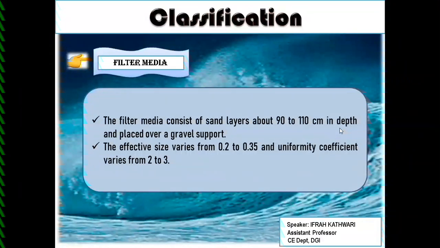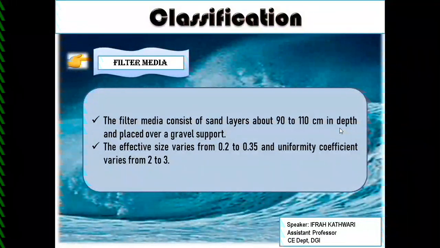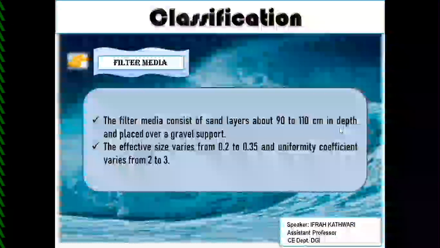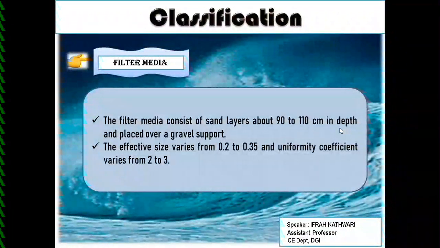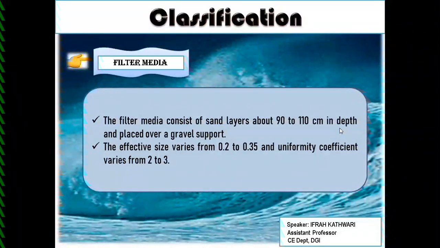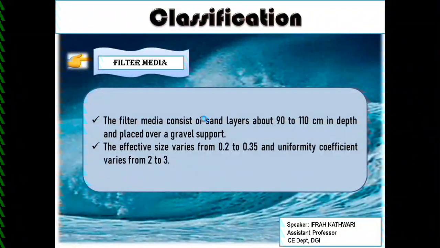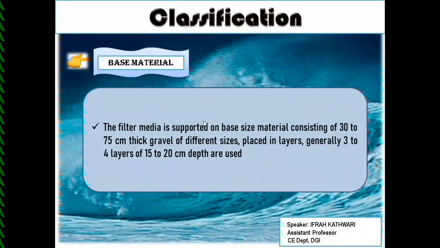Similar is the case with the slow sand filter, but here the sand layers are 90 to 100 centimeters in depth, the effective size may vary from 0.2 to 0.35, and the uniformity, which is the size of particles and the way they are distributed over the filter media, varies from 2 to 3. Moving on, we have the base material, which is gravel, because sand is supported by the gravel bed.